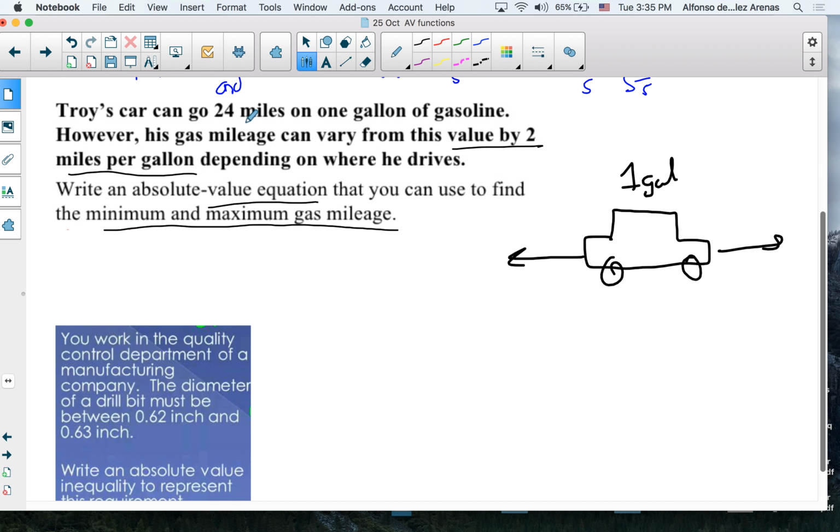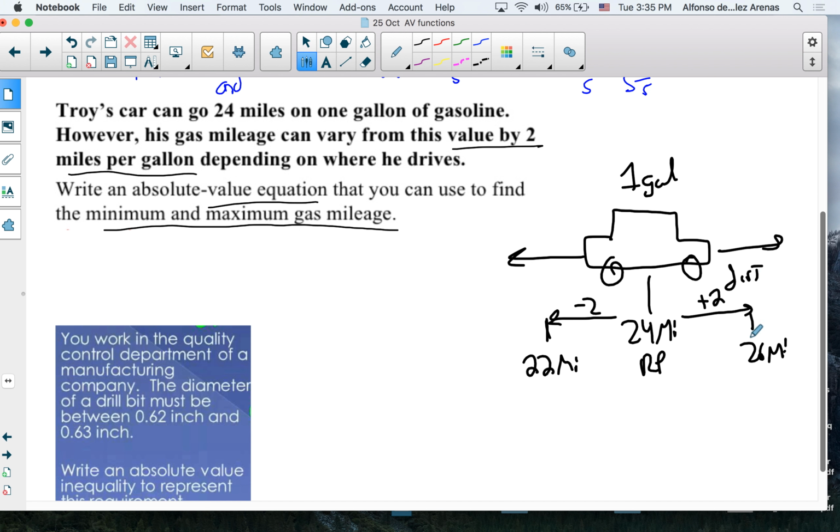it usually can go 24 miles, but sometimes it goes 2 more, or sometimes it goes 2 less. So it could do 22 miles, or it can do 26 miles. So this is my reference point.